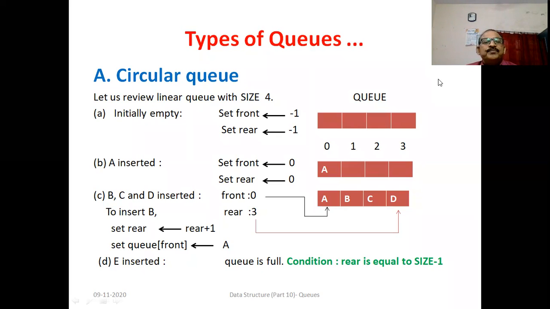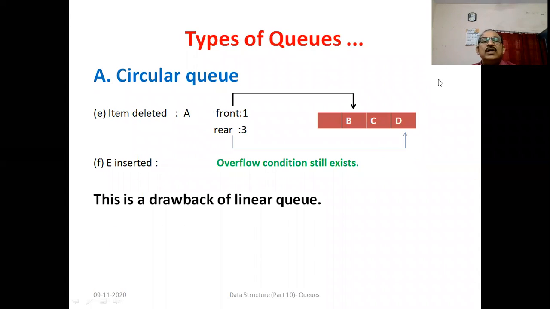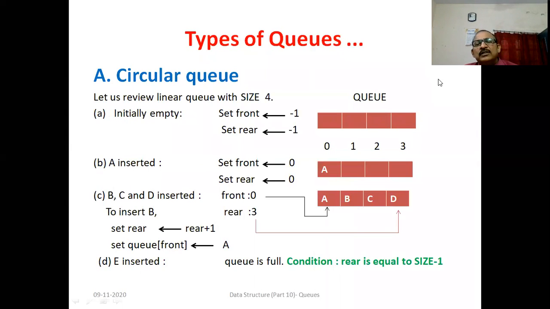Suppose we delete an item. The first item A is deleted from the queue.